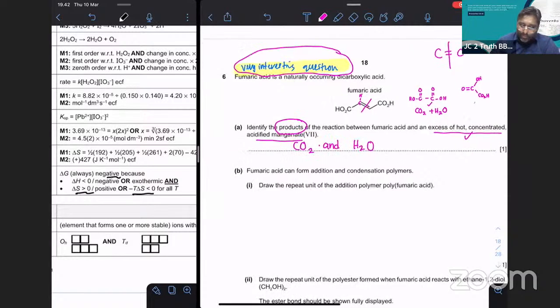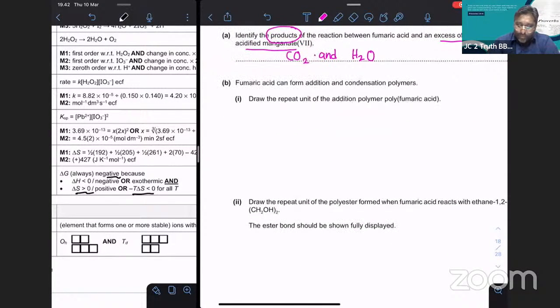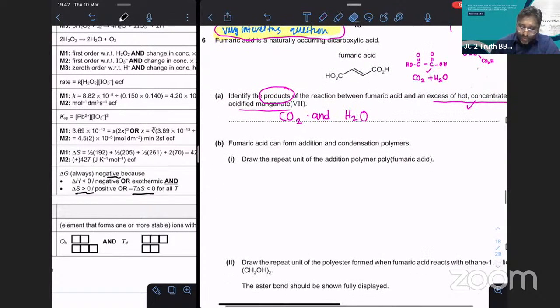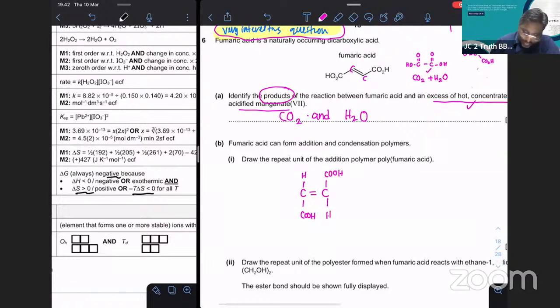Now, fumaric acid can form addition and condensation polymers. Draw the repeat unit of the addition polymer. So let's actually draw the addition polymer. I'll just use carbon double bond carbon, then I will write down hydrogen. I bring the COOH here, and I put COOH over here, and then one hydrogen over there.